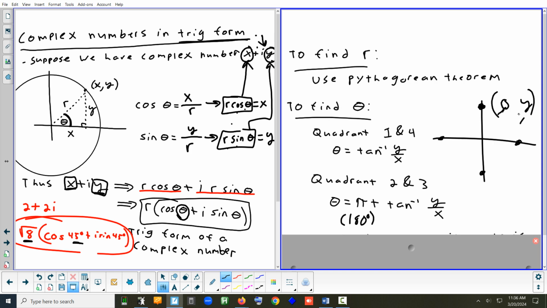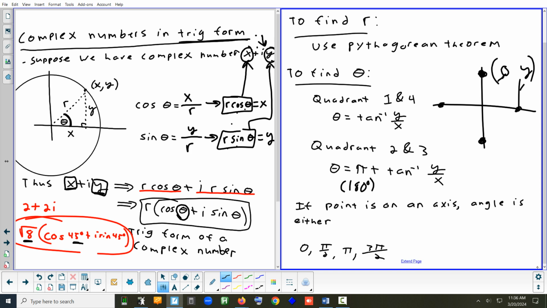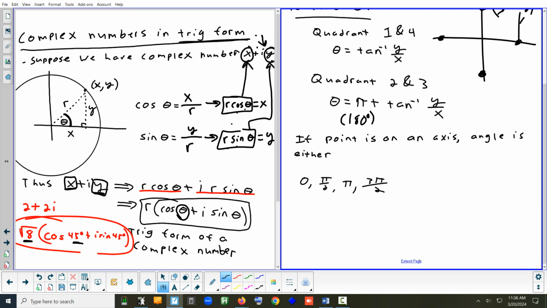So if you end up with a point on an axis, here, here, here, or here, you have to memorize that the answer is either 0. What about if you're straight up? What angle is that? 90. And this one? 180. And then this one? 270. Yep. So if the point is on an axis, it's either 0, 90, 180, or 270.